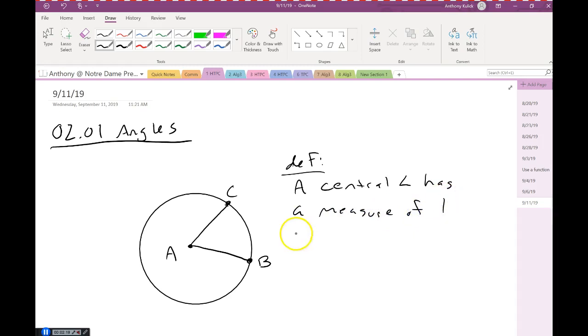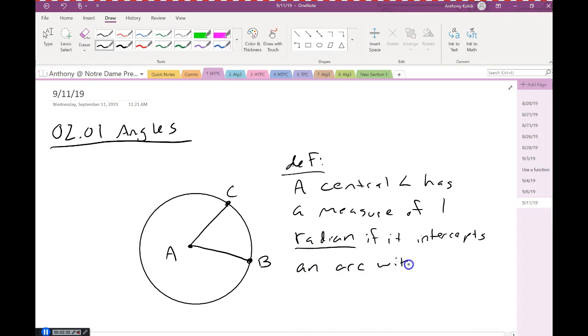we're going to say that it has a measure of 1 radian. That's going to be our new measurement, our radians, if it intercepts an arc with the same length as the radius.